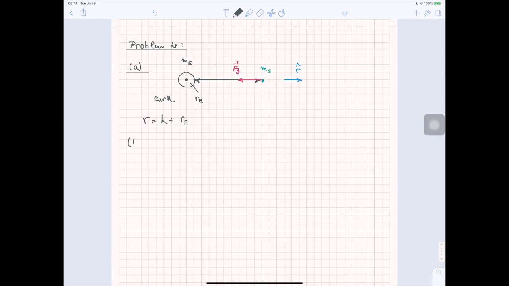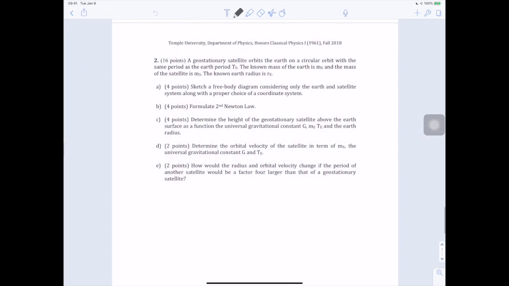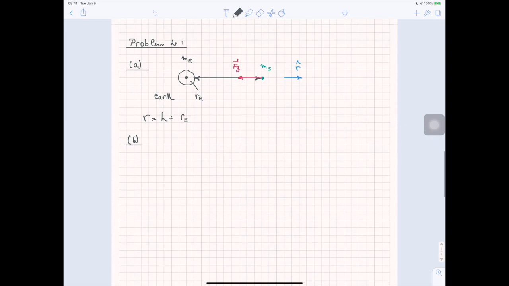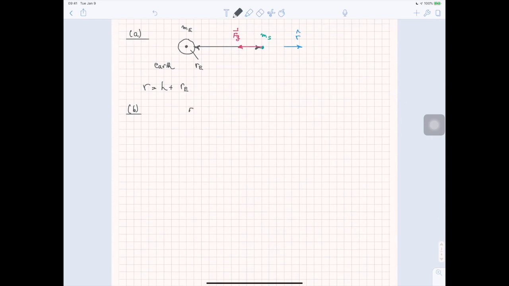So let's now set up the second part. Formulate the second Newton law. Very simple; we've done this a few times in class. F equals m a. It's a simple circular motion problem. So now, what do we have?